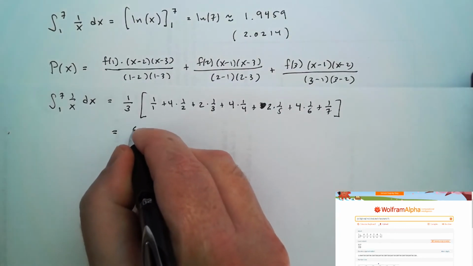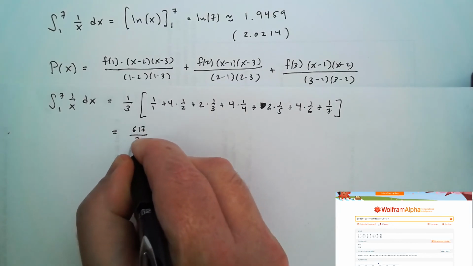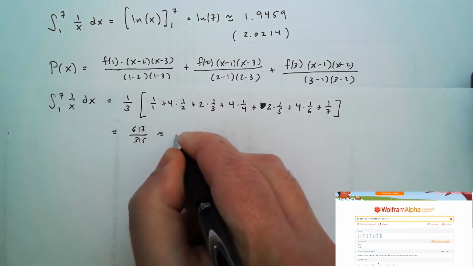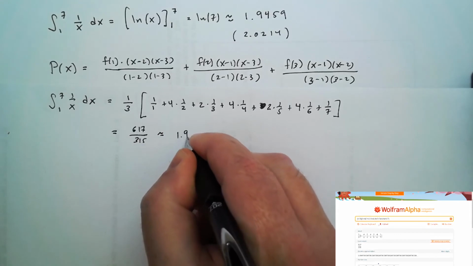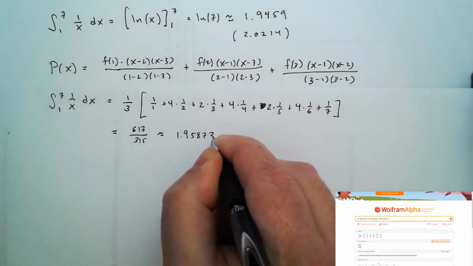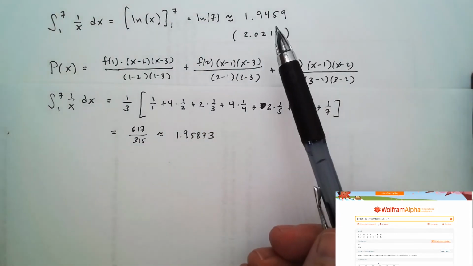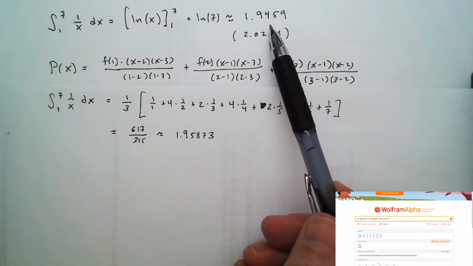This gives us 617 over 315, or approximately 1.95873. And we can see that's very much closer to the exact value of our integral, which is about 1.9459.